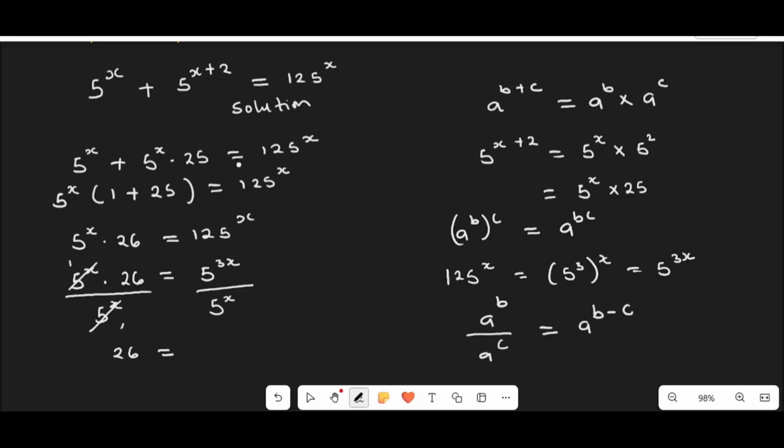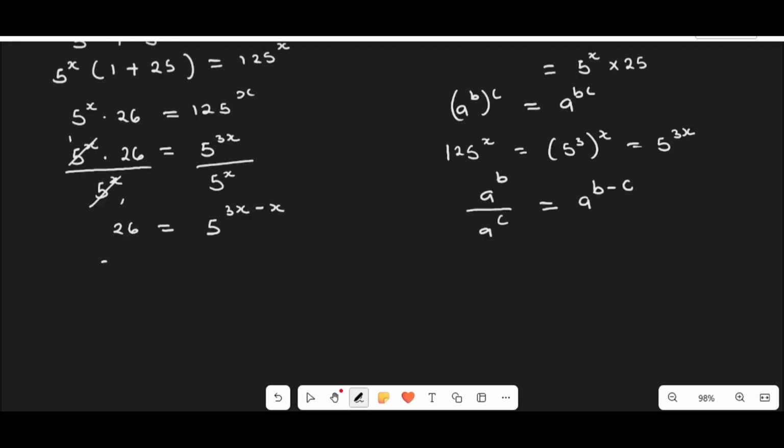So we can say here we are going to have 5 raised to power 3x minus x. 26 equal to 5 raised to power 2x. 3x minus x will give us 2x. And we can flip it. We can say 5 raised to power 2x equal to 26.